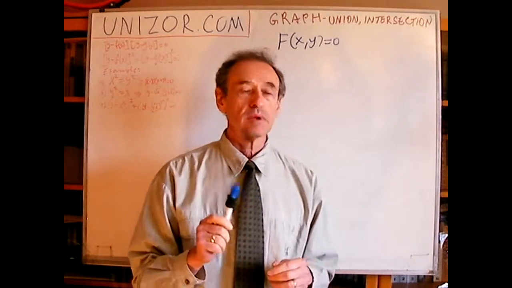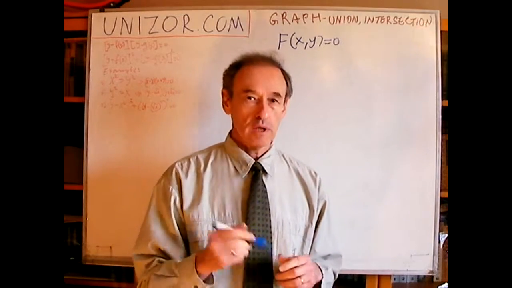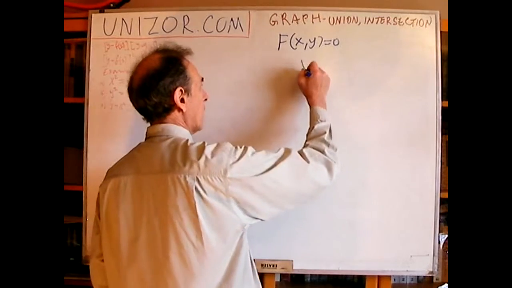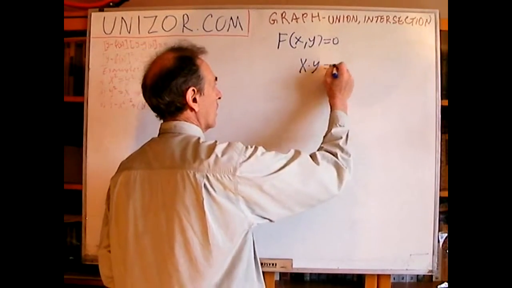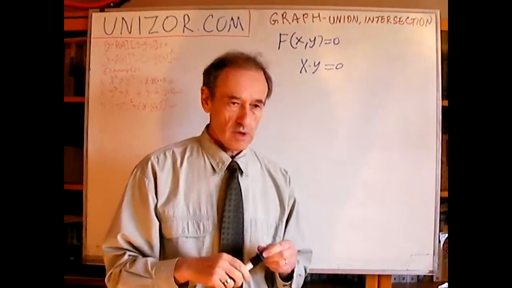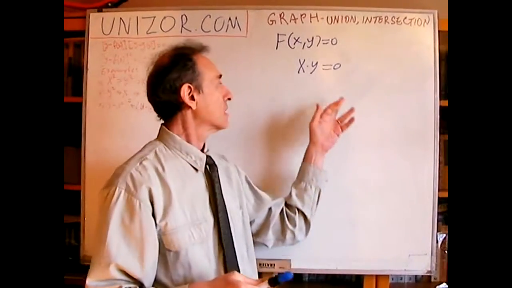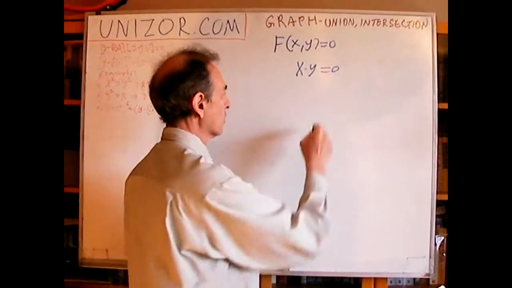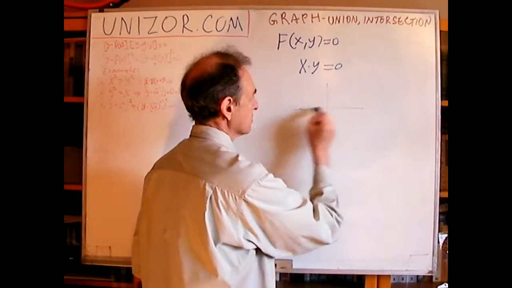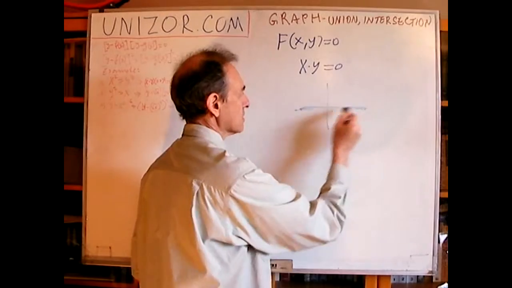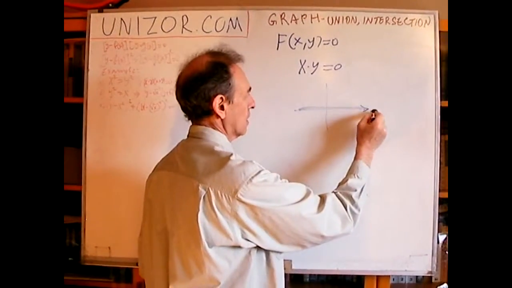Actually, I did touch this particular point in the previous lecture when I was explaining how to draw the graph of this equation. I was first talking about naive dividing by x. So you have y is equal to 0, which is this line which coincides with the x-axis.